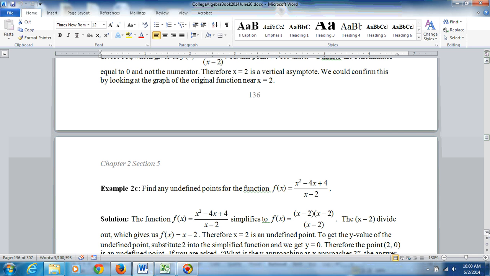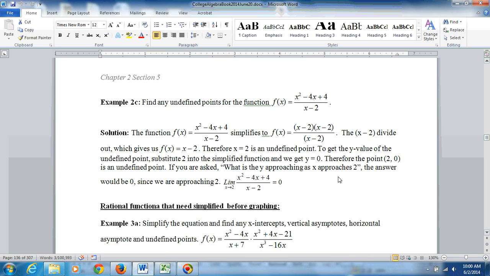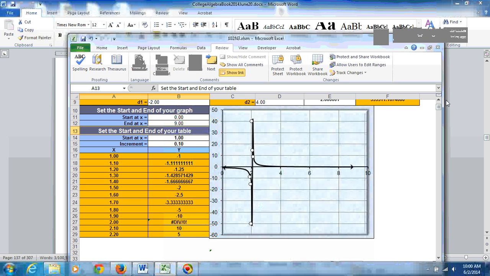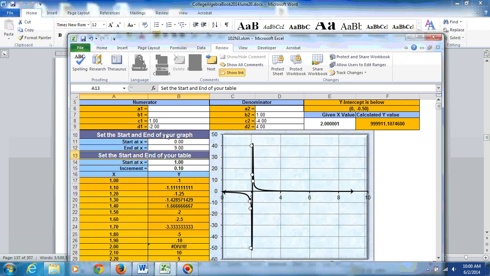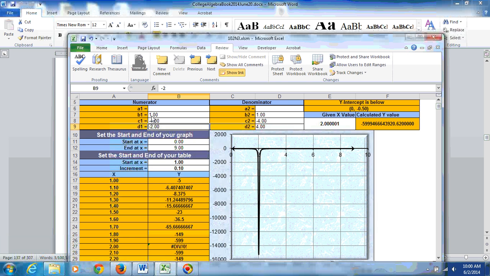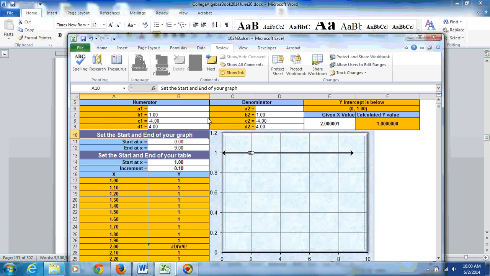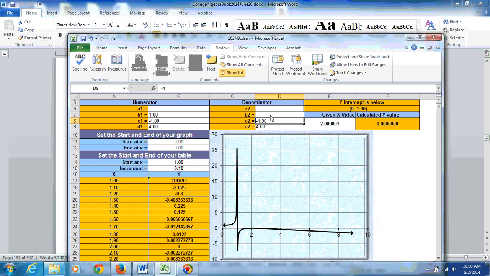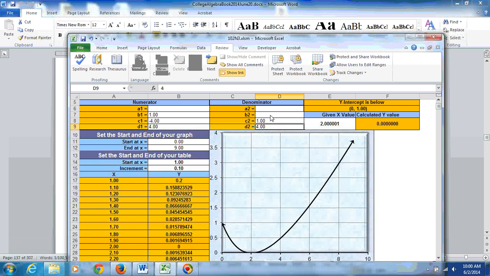Okay. Find any undefined points for this function, x squared minus 4x plus 4 over x minus 2. Okay, well let's take a look at this one. Let's put in our coefficients. So here it's just a flip-flop of it. The x squared minus 4x plus 4 is on this side, and over here is just x minus 2.